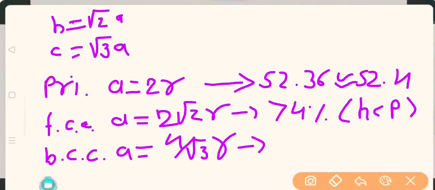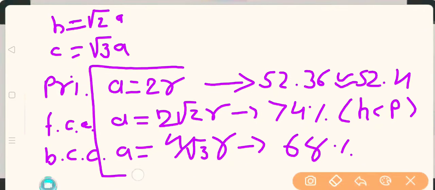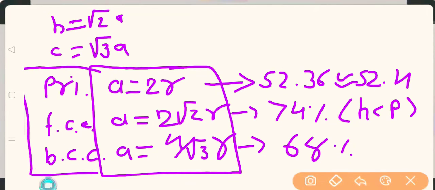And then we have BCC unit cells, which are 68% efficient. This is our final summary of all the calculations. You have to remember these relationships. In the exam, if you remember these relationships, then you can quickly calculate the numericals. So remember these relationships with the type of their unit cells.